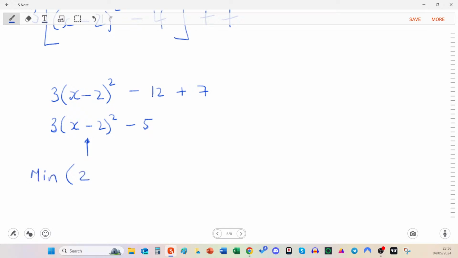So is it going to be 2 or is it going to be 6? Because maybe you have to multiply it by this 3. Actually, this 3 has no effect. Okay, so it's just 2. And then this is where we go for our y coordinate, and it's literally as it is. So we found the minimum point. We can sketch this really quickly. Positive 2, minus 5 is down there.